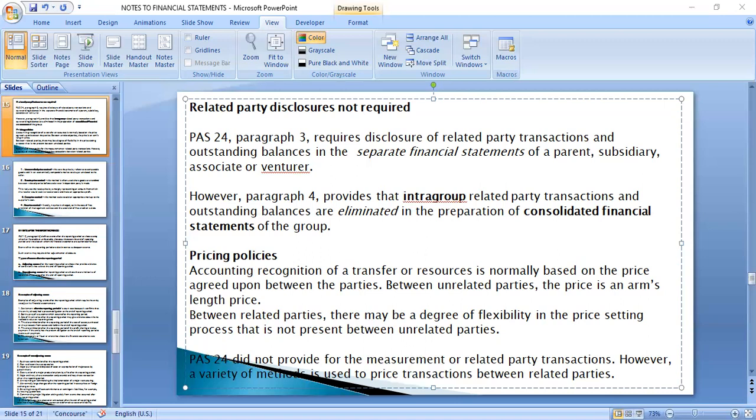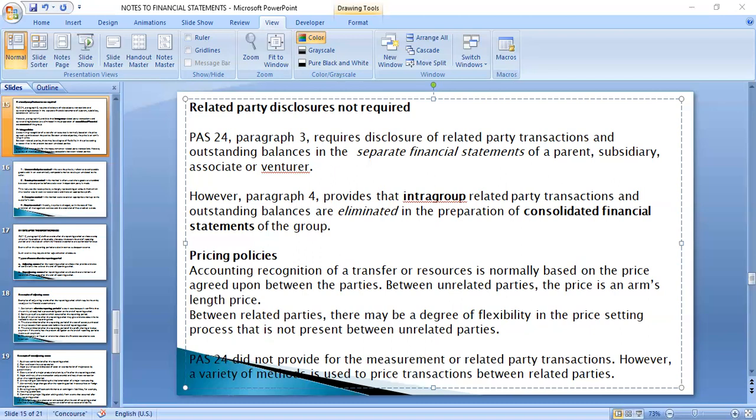If the entity's owners or others have the power to amend the financial statements after issue, the entity shall disclose such fact. It's important for users to know when the financial statements are authorized for issue because the financial statements do not reflect events after this date.